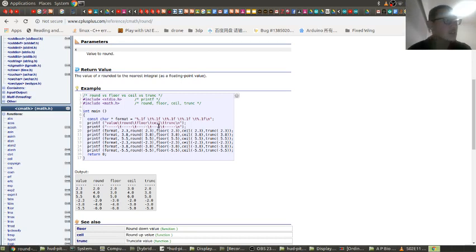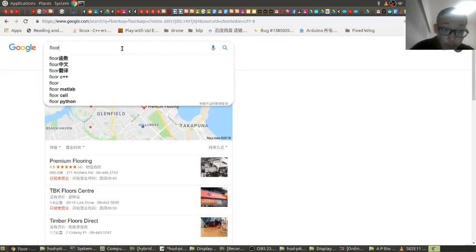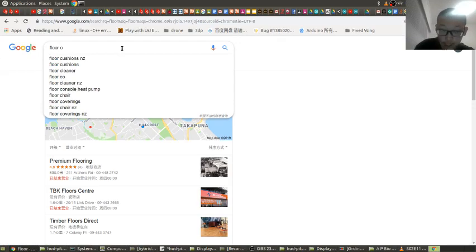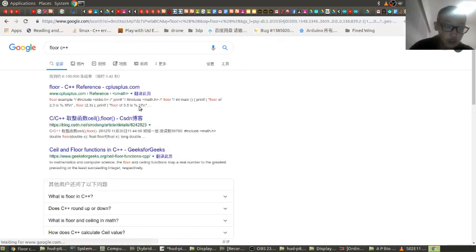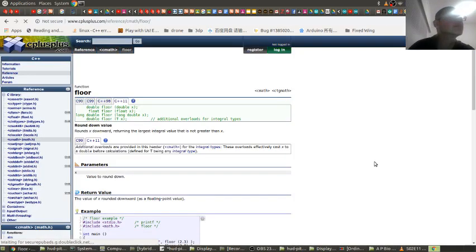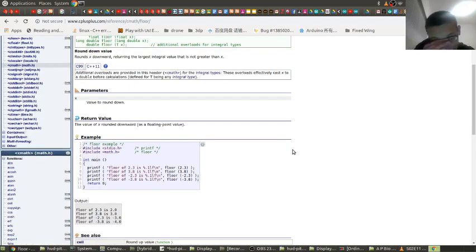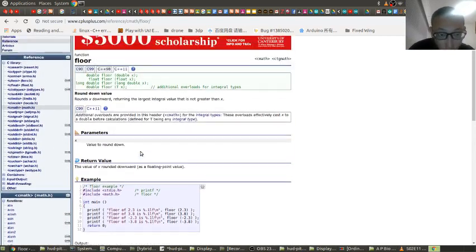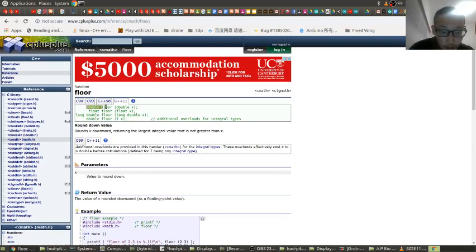Yeah, okay, you see that we always want the thing to be the value below it. So floor might be a better function. Search for floor. So you have double floor.